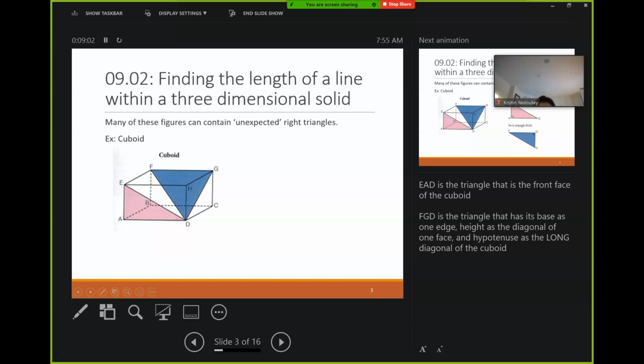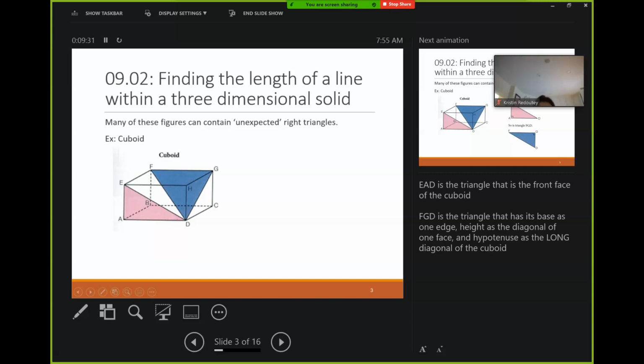But this triangle in blue is also a right triangle, a little bit less obvious. FG is this edge on the top of the cube. GD is the diagonal across that face. And then DF is this internal diagonal going through the center of the cube.